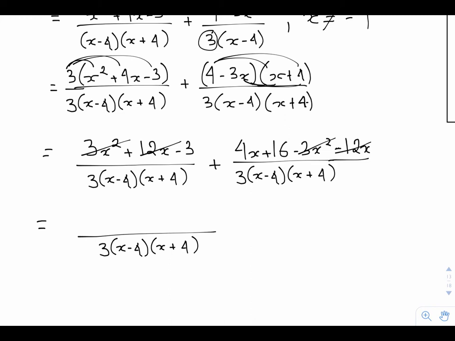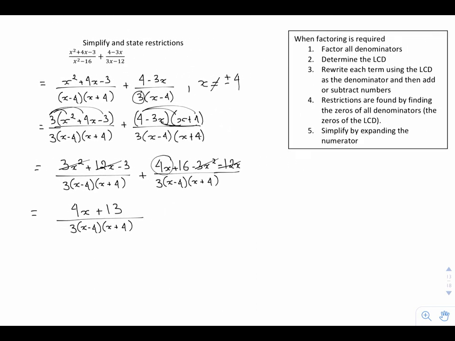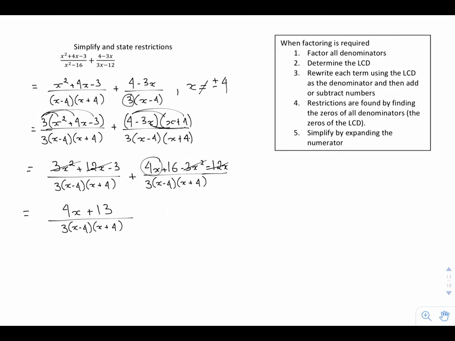So I have the 4x from over here left. And I have 16 minus 3, which is positive 13. Yep, positive 13. And there you have your expression multiplied out and simplified.